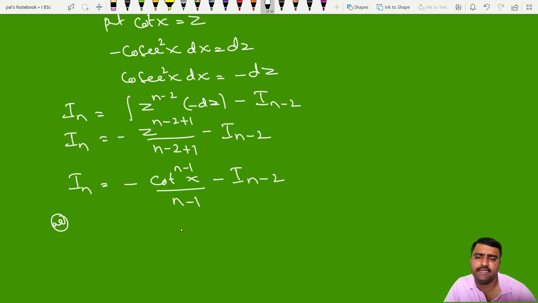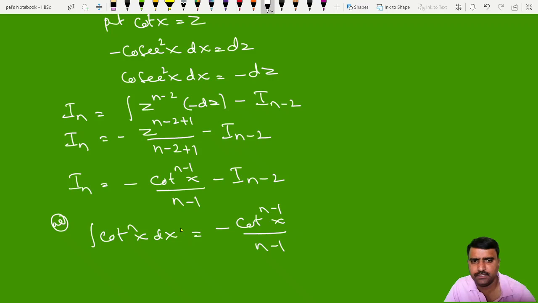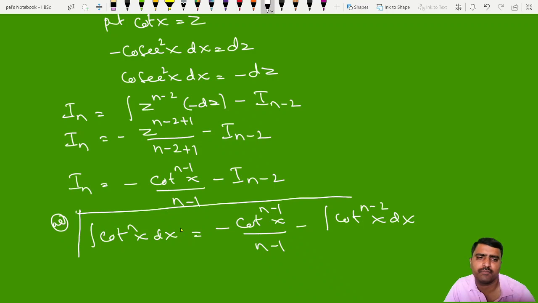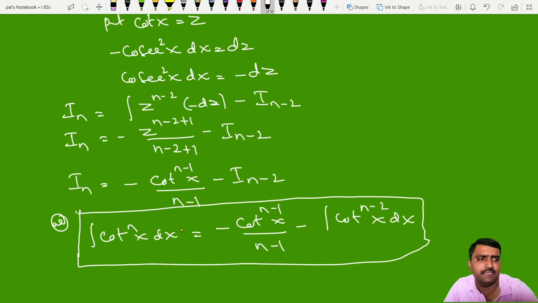Or in other words, you can write integration of cot to the power nx dx is equal to minus cot to the power n minus 1x divided by n minus 1 minus in minus 2, or in other words it is cot to the power n minus 2x dx. This is the reduction formula for integration of cot to the power of nx dx.